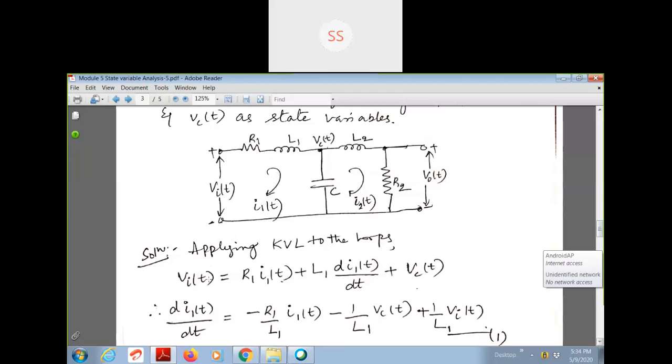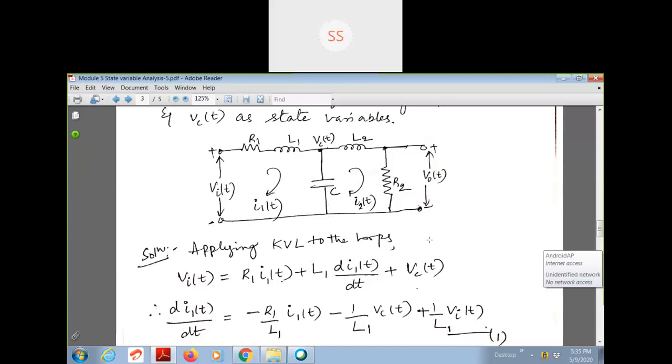As usual, Vi of t equal to R1 into I1 of t plus L1 into d by dt of I1 of t plus Vc of t, because the voltage across the capacitor in this loop, Vc of t, is nothing but this node voltage, which is measured between ground and this point. So therefore Vc of t acts as one of the terms in the first loop.